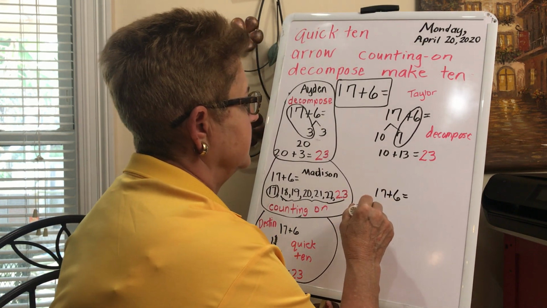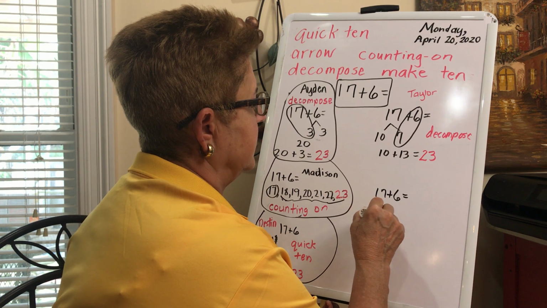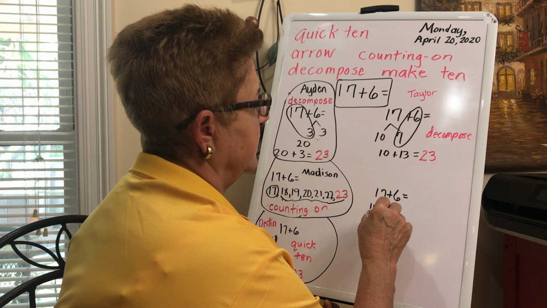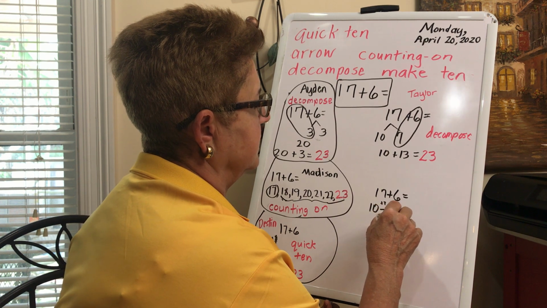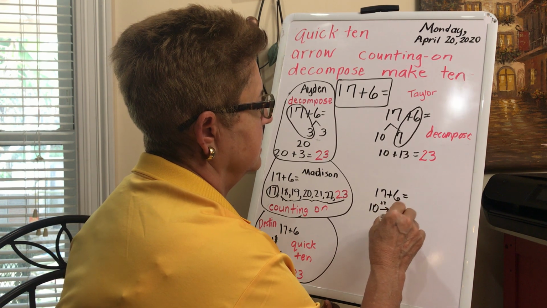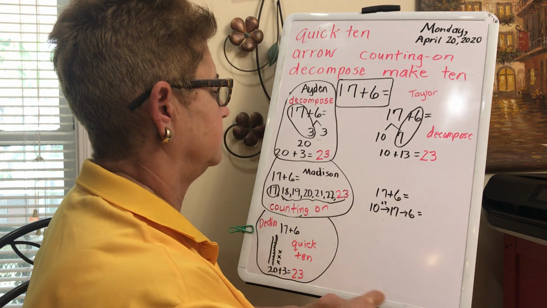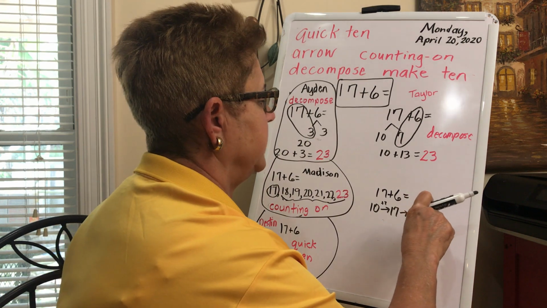And they did 10, and then they drew the arrow, plus 7, and they got 17, and they did the arrow again. 6 equals 23.